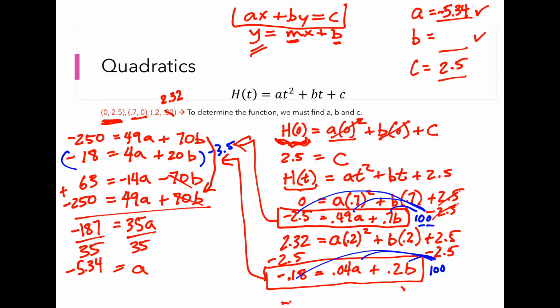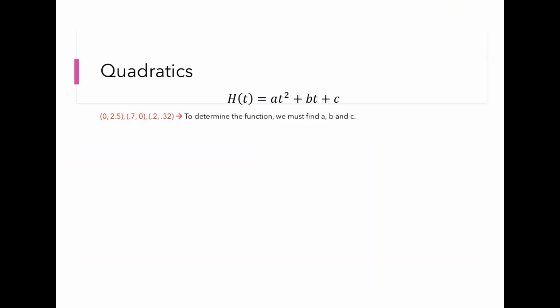So now we can press on and find b, which is the last one. And the last ones usually go the fastest, simply because we found almost all the other variables, save for one.